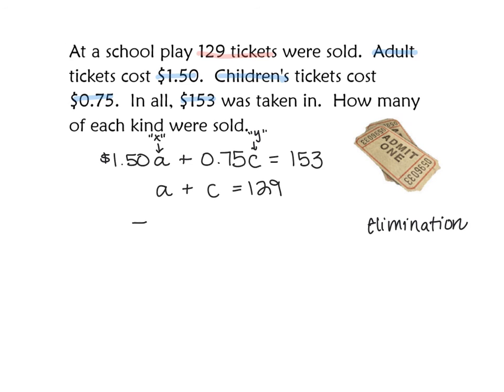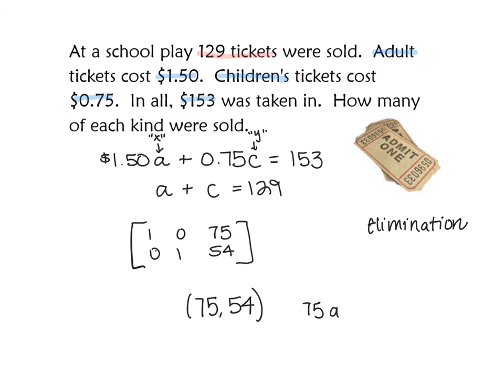Once you type your matrix into your graphing calculator, you would see 1, 0, 75, and 0, 1, 54. So as an ordered pair, you could write it 75, 54. What it really means is we sold 75 adult tickets and we sold 54 children's tickets.